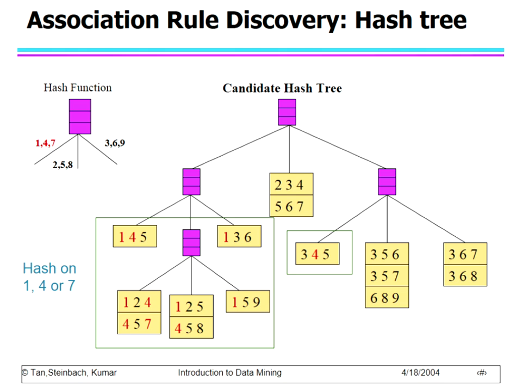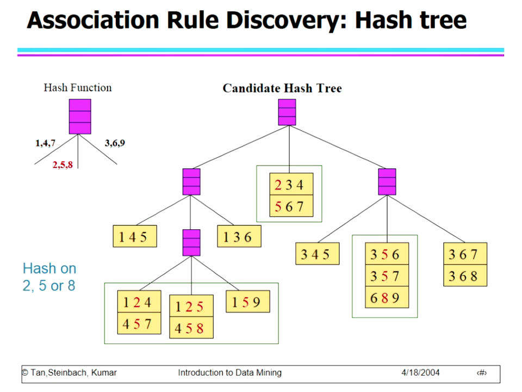After that, the association rule discovery using the hash tree. If I hash on 1, 4, 7, the comparison will be with 145, 124, 457, 125, 458, 159, and 345.